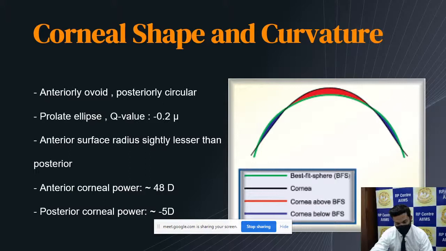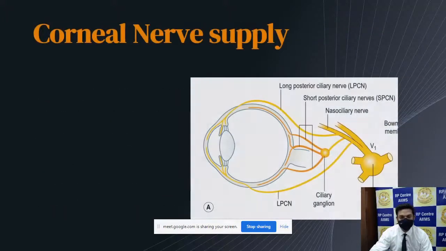I will be talking about the anatomy of cornea, followed by the embryology and development of cornea, the structural considerations of layers of cornea and their clinical significance, corneal transparency theories, blood and nerve supply of cornea, and the formation of the corneal tear film.